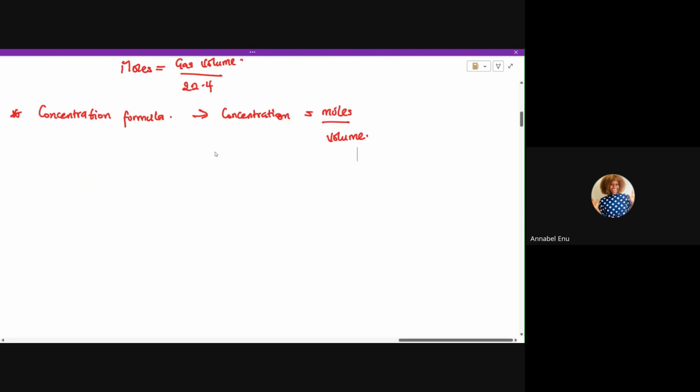And then if we are dealing with percentage yield, percentage yield can be given as actual yield divided by theoretical yield times 100.